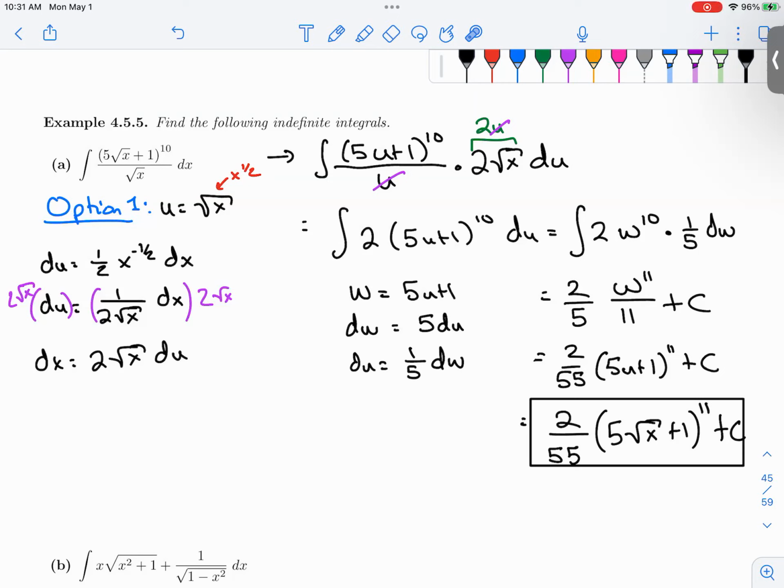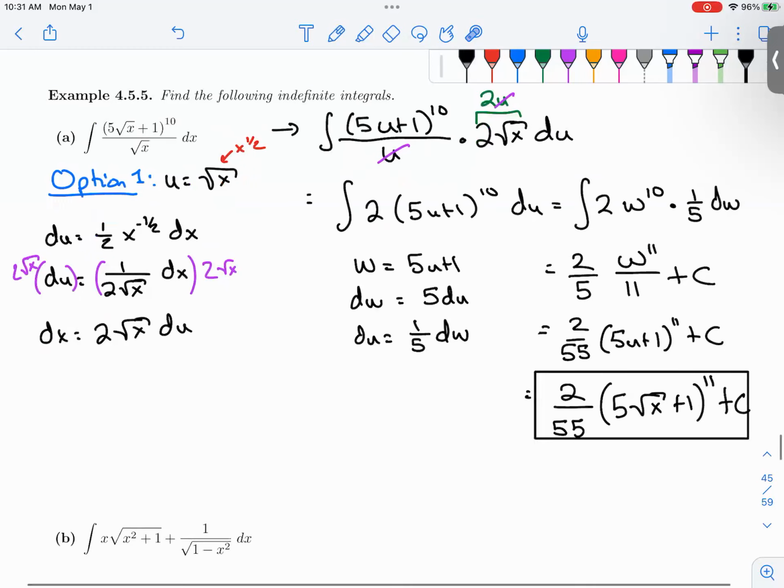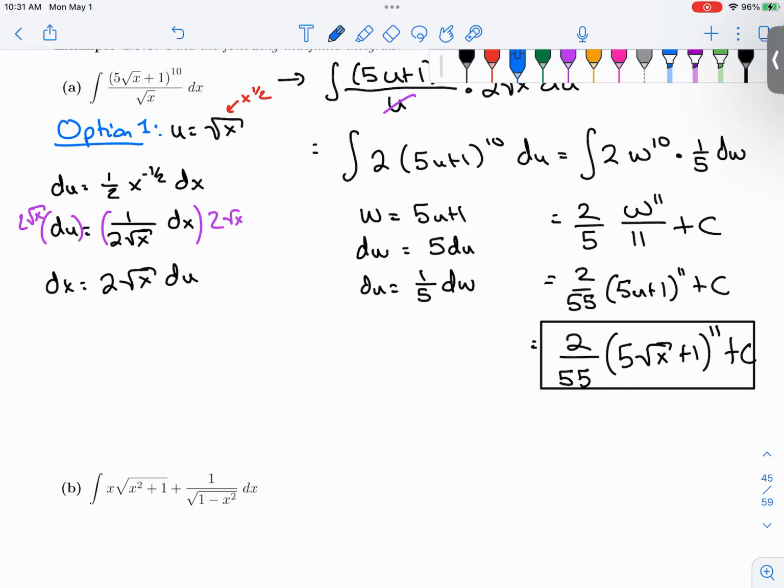But the point being, it's okay to do multiple. You can keep going and try it again, and maybe you get stumped, and then you go back to the drawing board. A better way, option 2, which is better, is to make u equal to 5 square root x plus 1. If you do that, notice that is the combination of the 2.